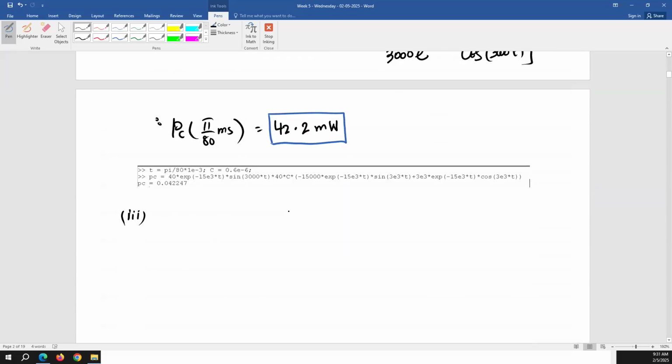All right, part number 3: what is the energy stored in the capacitor at the same time, at pi by 80 millisecond?